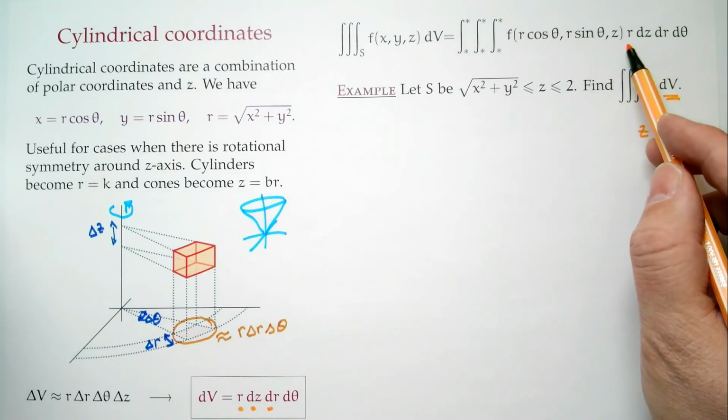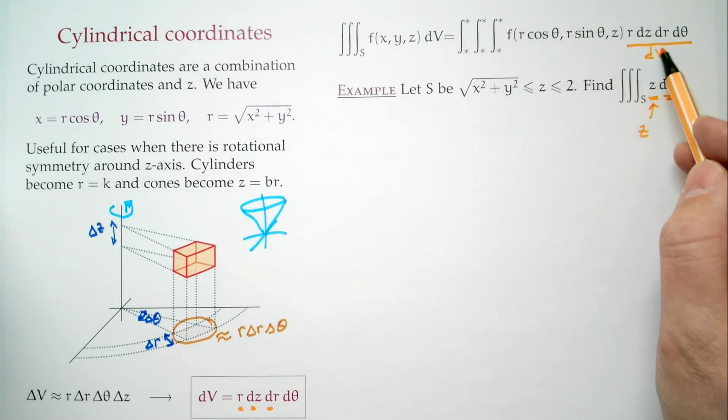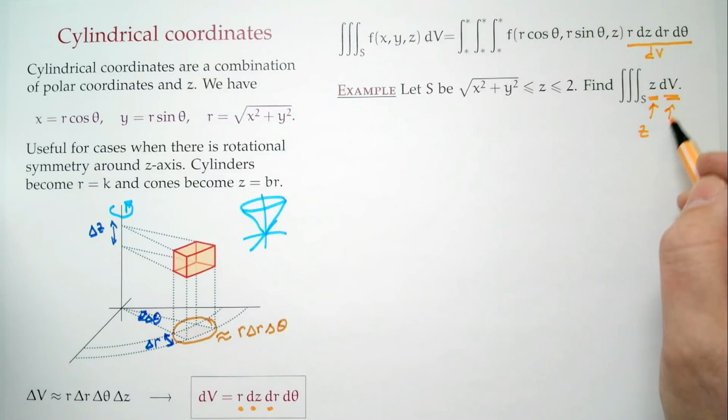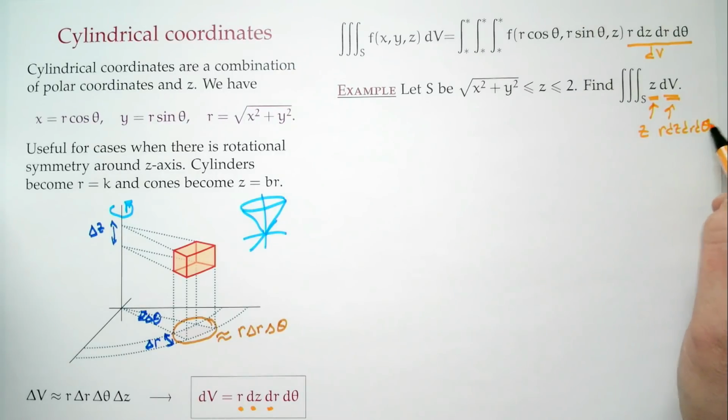That's this part on the end, the r dz dr d theta. All right, so that's not so bad either. Which means, if we're going to put in the work, and we've got to put in our work sometime, it's going to be setting up our bounds. So let's talk about our region. What does our region look like?